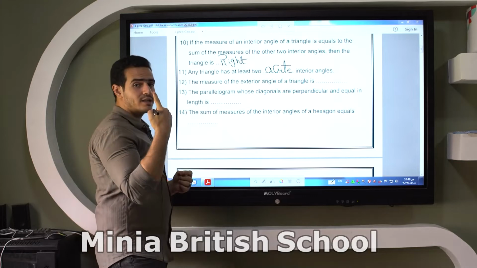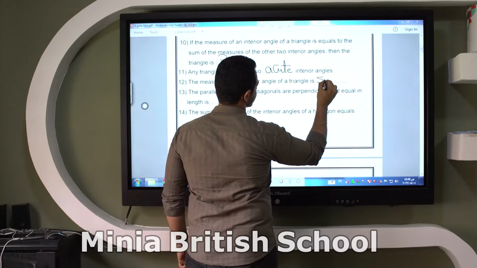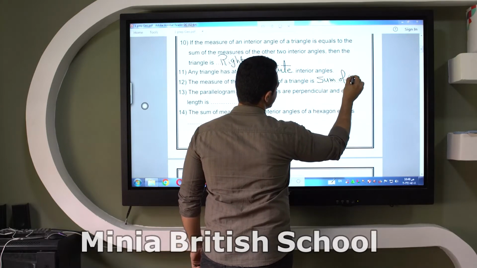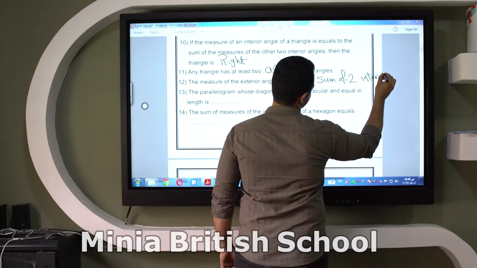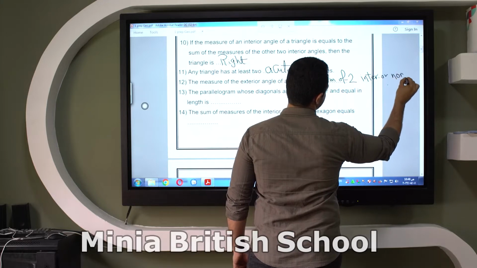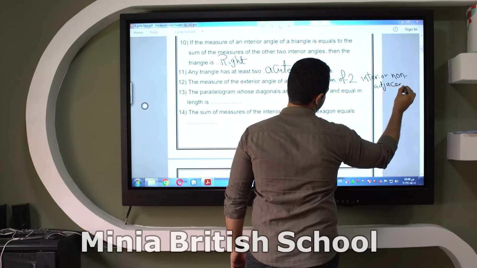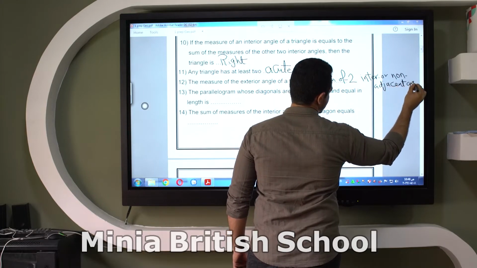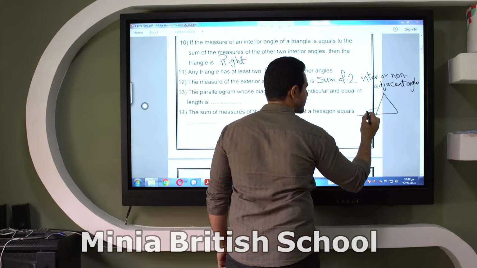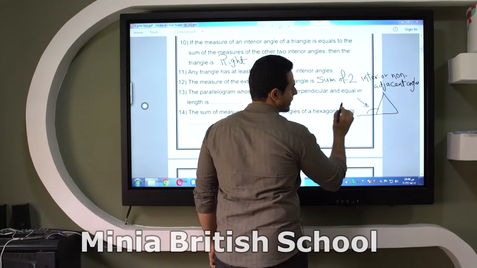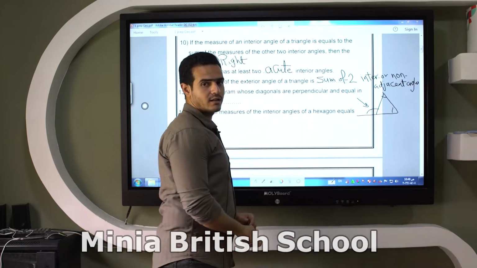The measure of one exterior angle equals the sum of the two interior non-adjacent angles. How? If we have this triangle and this angle is exterior, we want to find this angle. So this angle equals this angle plus this angle. Okay?